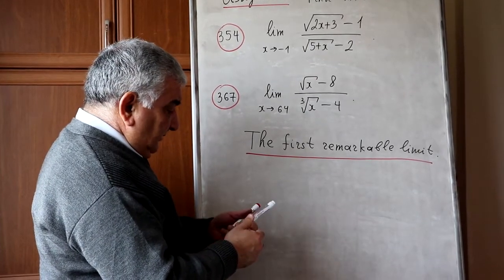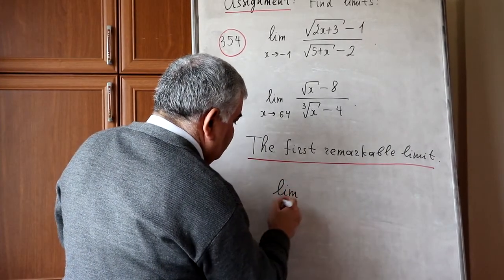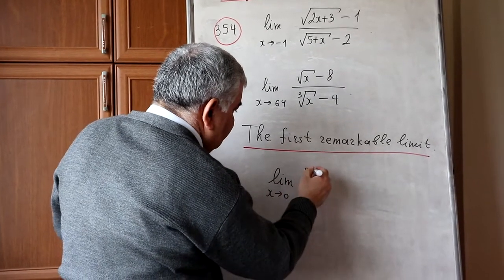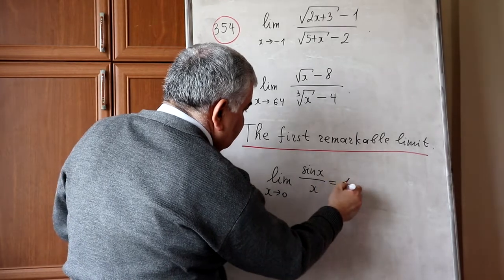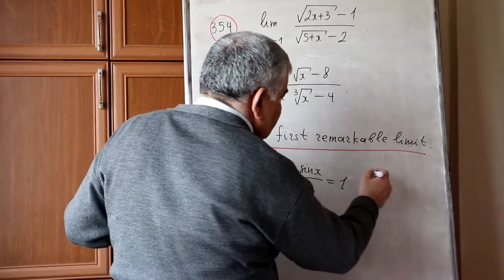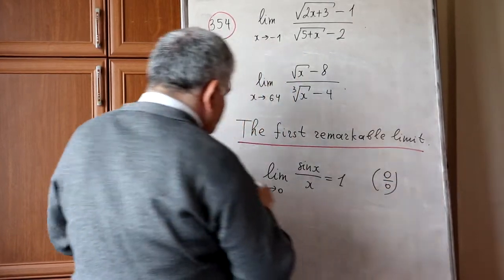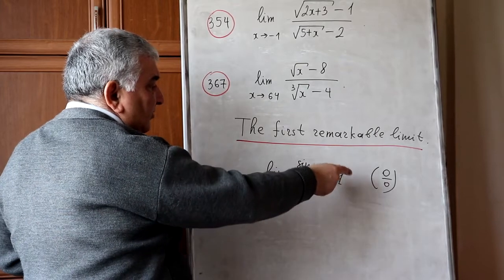It has the following form. Limit when x tends to 0 of sine x over x is unit, and it is an indeterminate form of type 0 over 0, because if we substitute 0 instead of x, we will obtain 0 over 0.